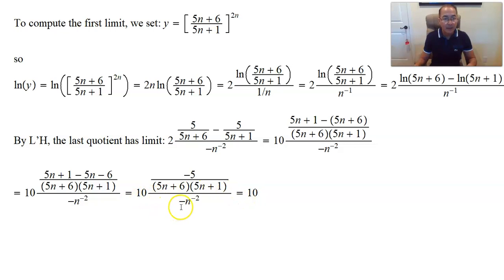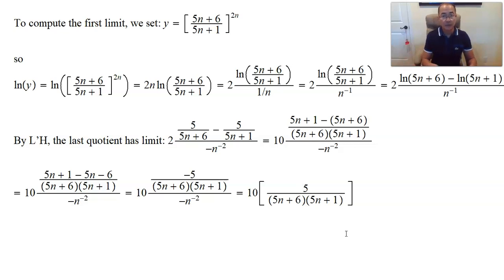We get the 10. There are 2 minuses there, so that becomes plus. And we get 1 over n to the minus 2, which goes up into the numerator as n to the positive 2. Let's put brackets. The minuses go away.